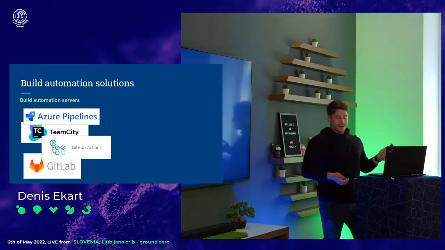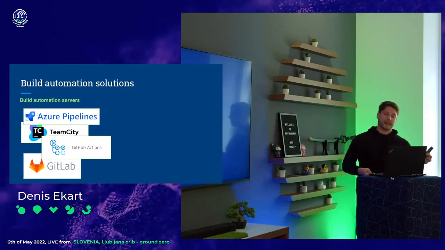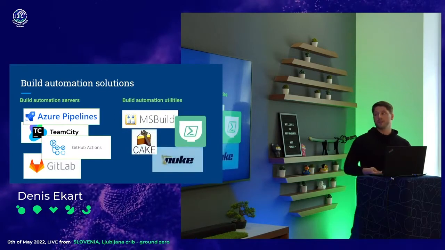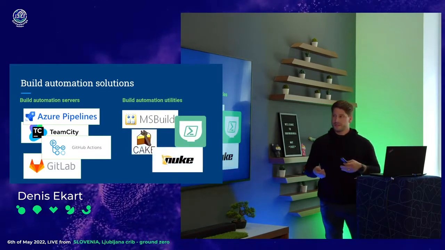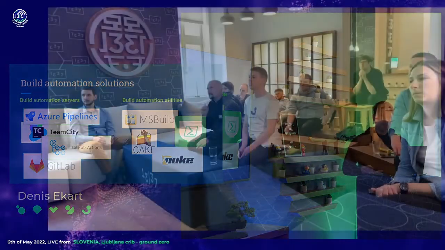So, another category of build automation tools attempts to solve this issue, and those are build automation utilities. Now, these are usually tools meant to be used by the developer, but they do offer some integration with continuous integration servers.